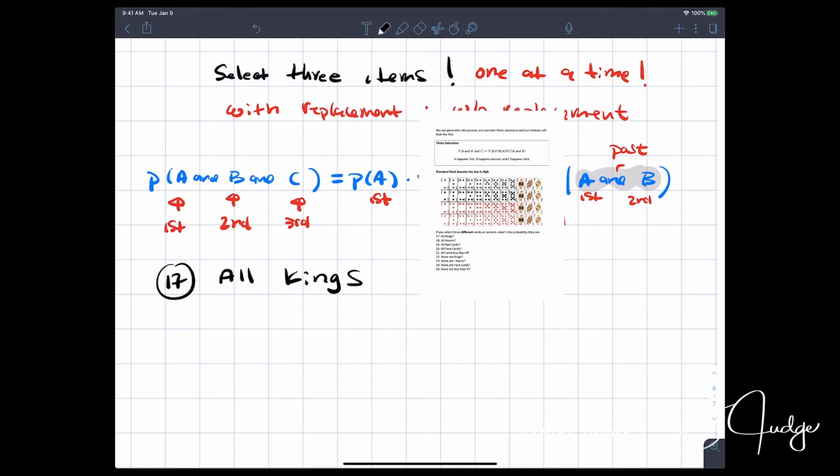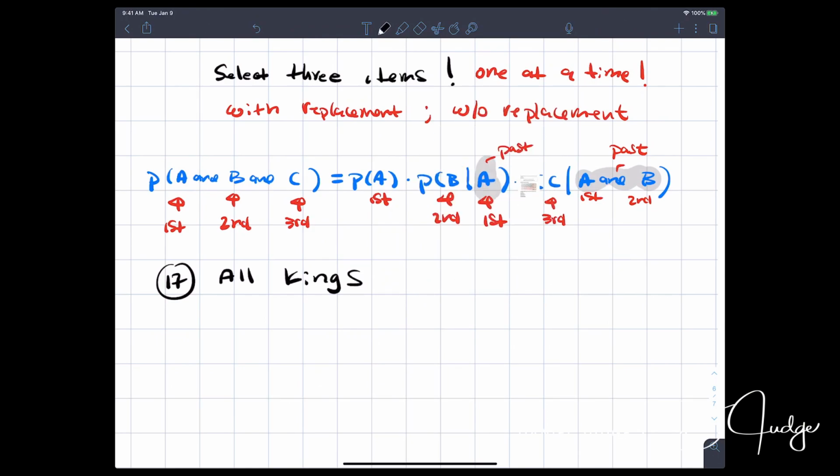So here's my question to you guys. Is this question with replacement or is this a without replacement question? Because that's a big deal for us. So what do you guys think?